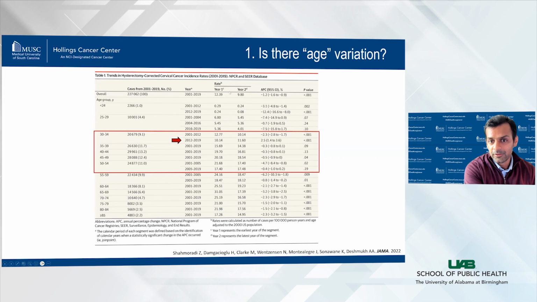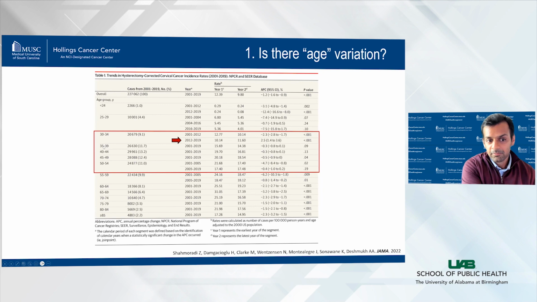What's important to note is that when we stratify incidence patterns according to age, for women in their early 30s, 30 to 34 years old, after a rapid decline from 2001 to 2012, from nearly 13 to 10 per 100,000, the decline has reversed, and we are now seeing a very rapid increase among the recent birth cohort. From 2012 to 2019, the incidence has increased at nearly 2.5% per year.